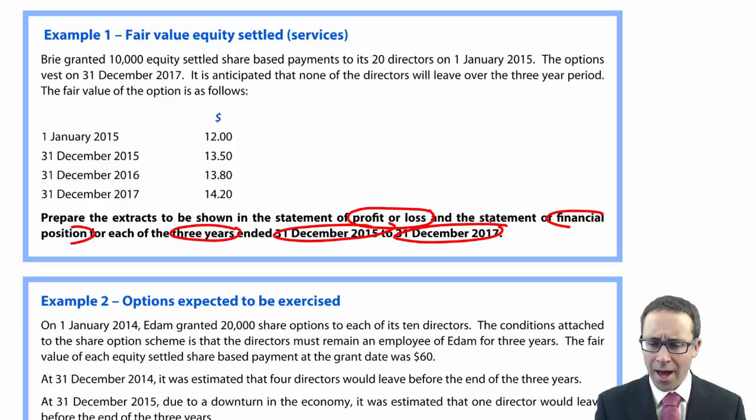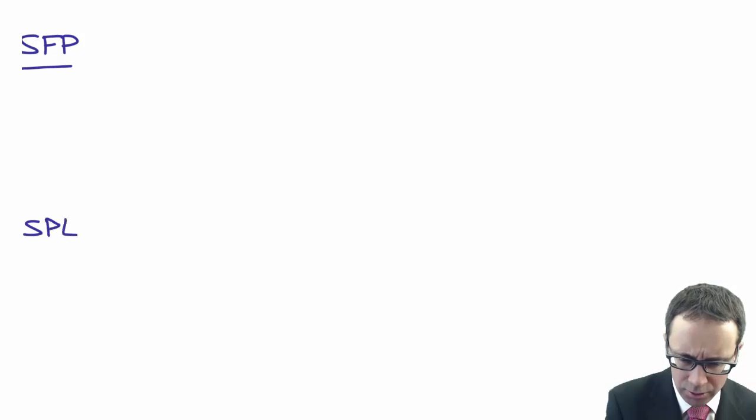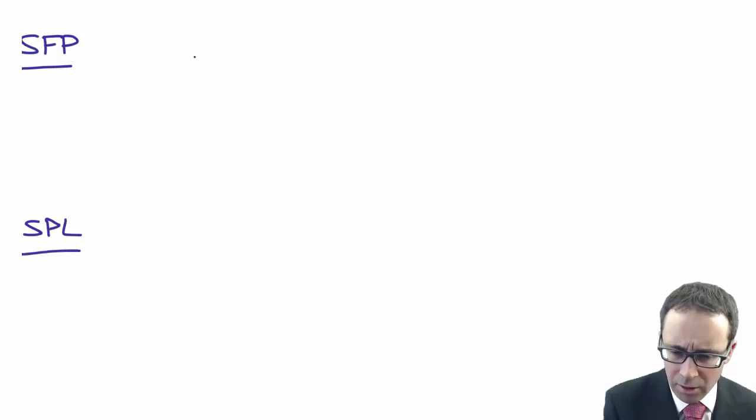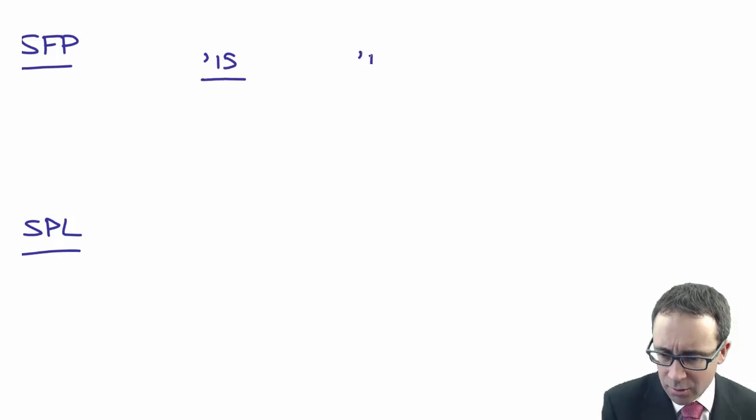So when we're looking at the extract from the financial statements, we need to go through and think about the statement of financial position and the statement of profit or loss. And we need to look at it there. Is it for the year ended 2015, 2016, and is it 2017?